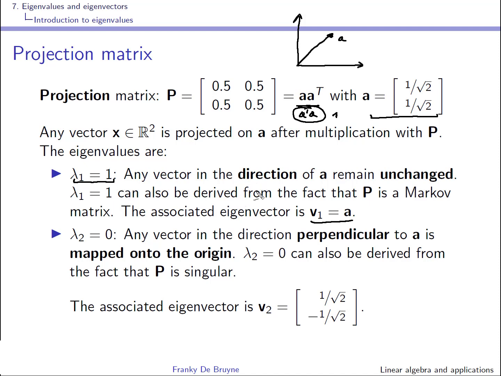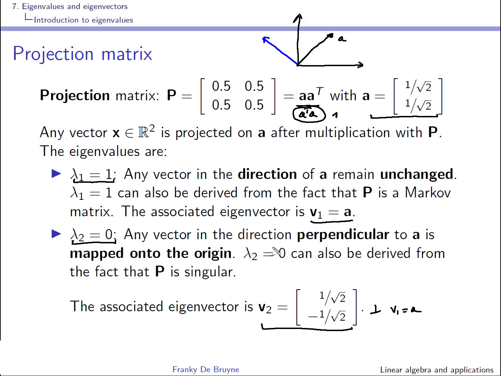And it's quite obvious that a vector that is perpendicular to A will be mapped on the origin, and the associated lambda will be 0. So the other eigenvector will be perpendicular to V1, which is equal to A, and the associated lambda is equal to 0.